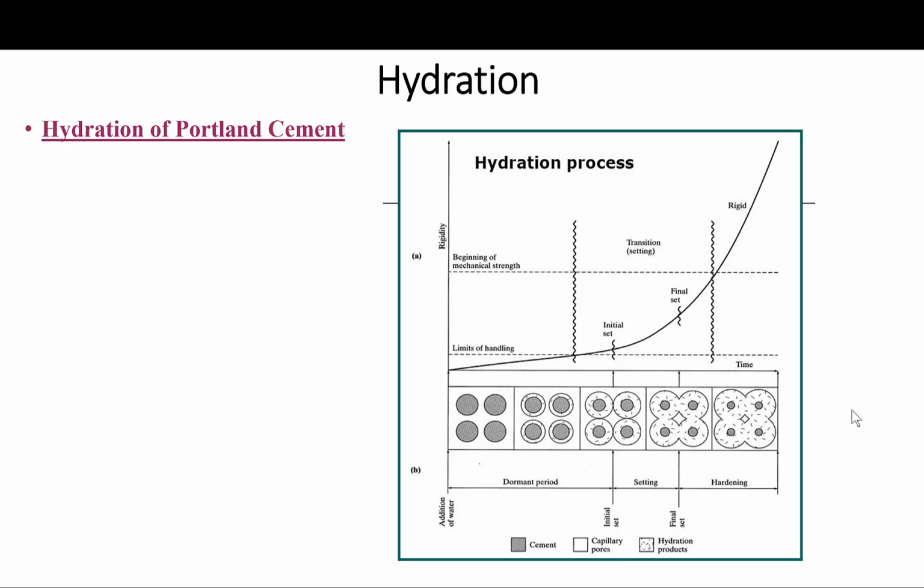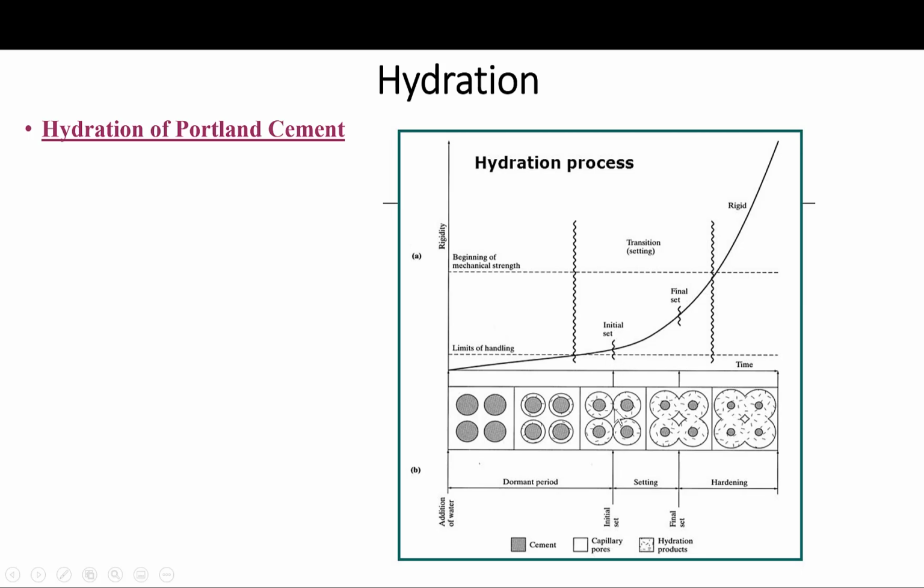This here is also a schematic I wanted to show. Basically, it's a good representation of what happens after the addition of water, the changes that occur to the cement grains and the growth of the hydration products, as you can see right here, and the changes in the properties of the hydrating cement paste or concrete. As you can see, these are cement grains. What happened, this coating around these grains, the dormant period occurs, where the reaction slows down.